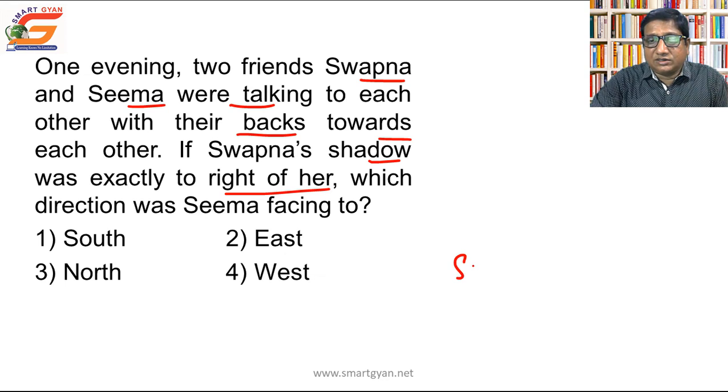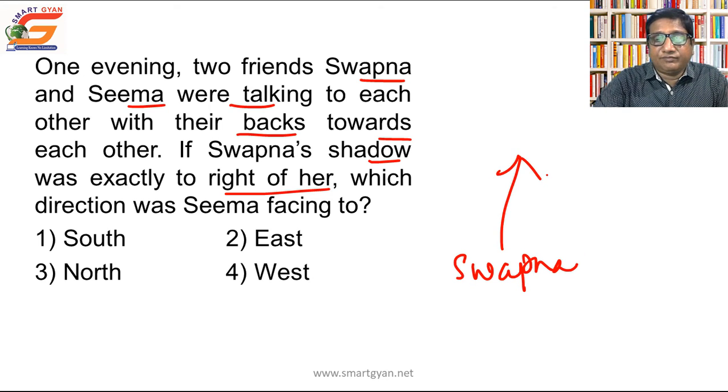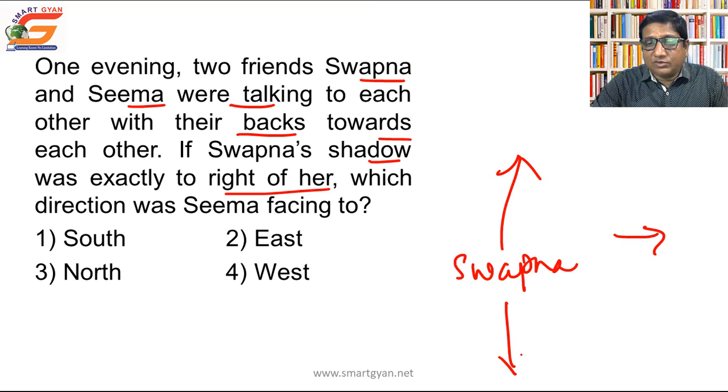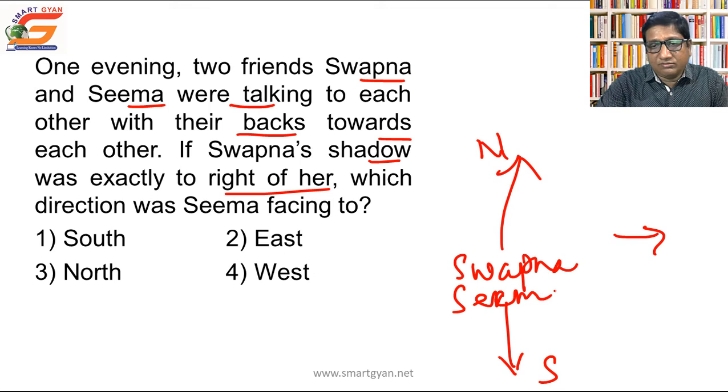If Swapna is here, then facing north, then only this will be right of Swapna. Then Sima, they are back to back, so Swapna is facing north, then Sima will be facing south. This is north, Sima will be facing south. Then question is, which direction was Sima facing? Sima facing south. Choice 1 is your answer.